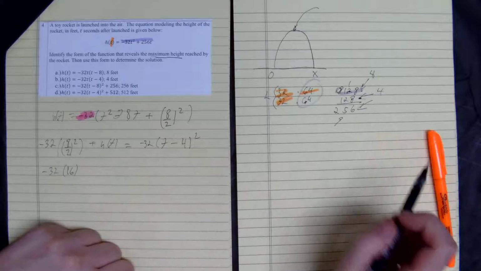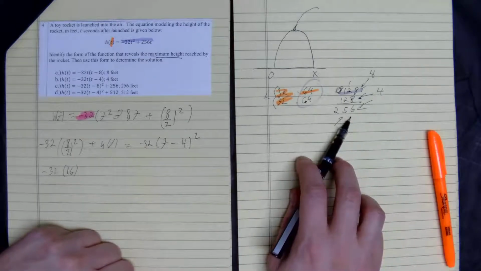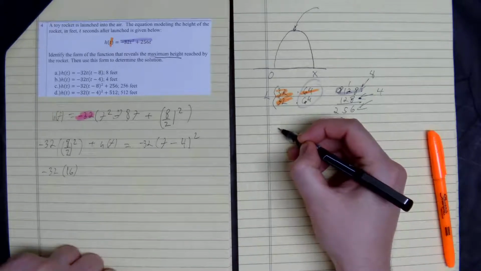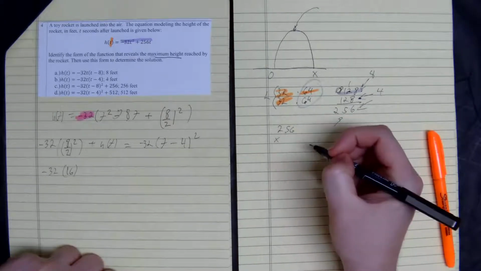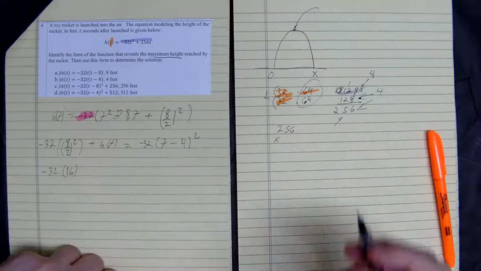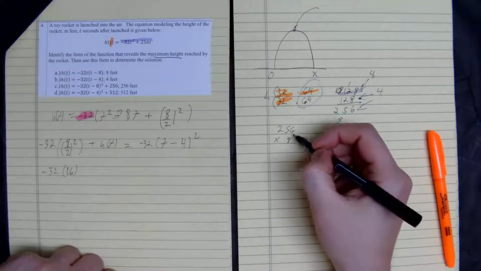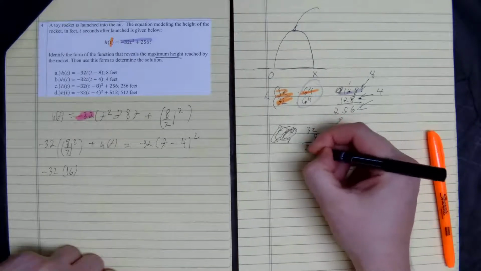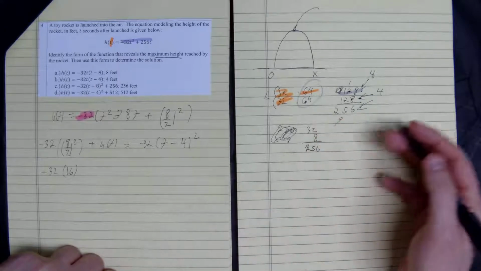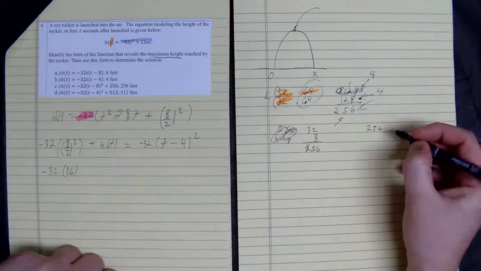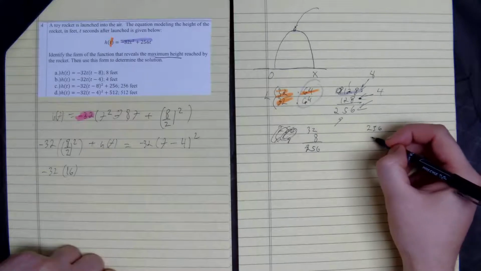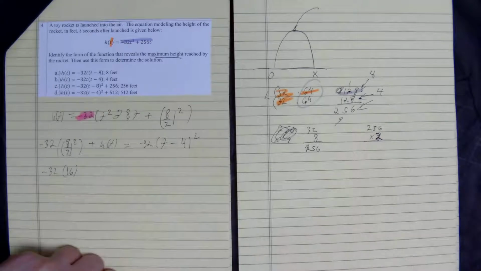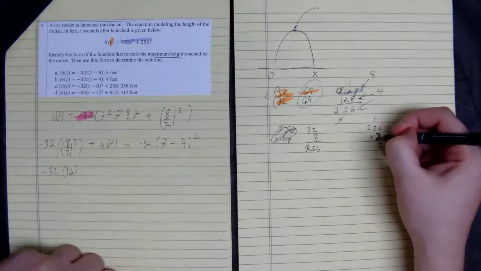Well, we know that 32 times 8 is 256. So if we double the 8, we get 256 times 2.